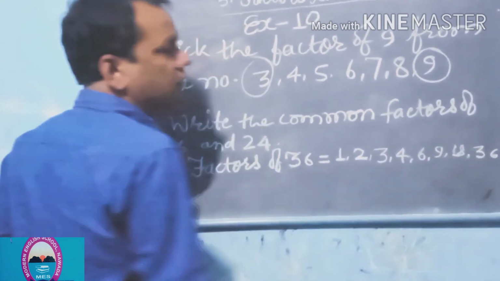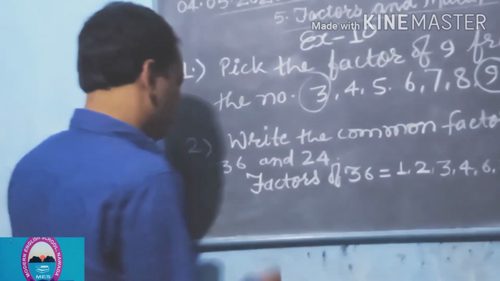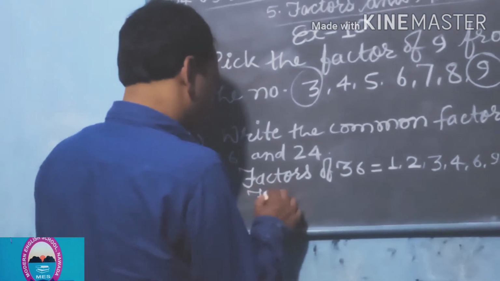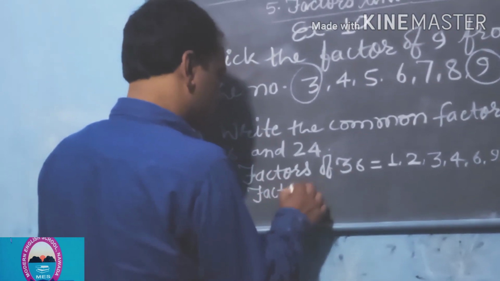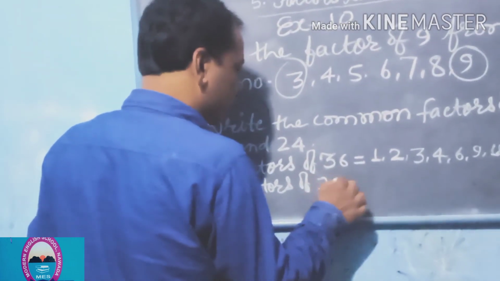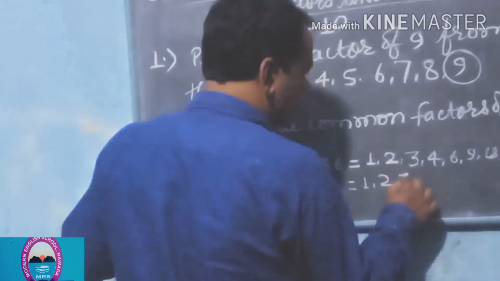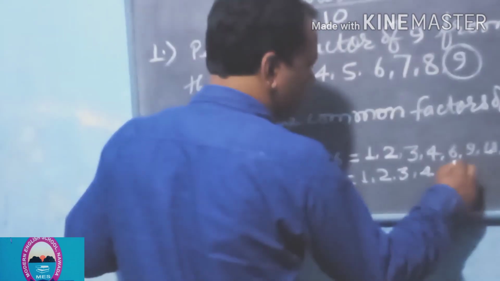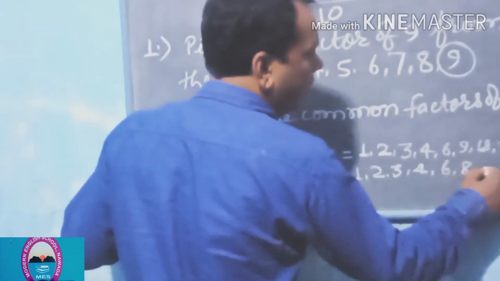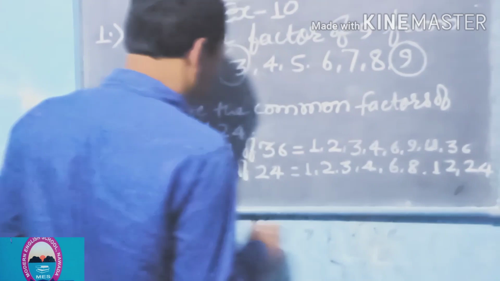Why do we write 36? Because every number is a factor of itself. Now the factors of 24, students: 1, 2, 3, 4, 6, 8, 12 and 24.